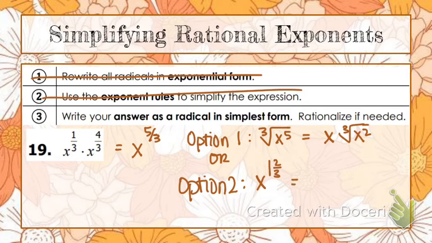And that means we're going to get x to the first power times the cube root of x squared. So this 1 goes here, the 3 goes here, and the 2 goes here. All right, either way is fine. You don't have to memorize option 2, but sometimes it's easier to think of it that way.